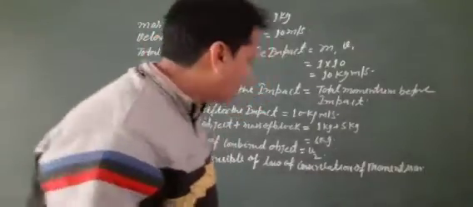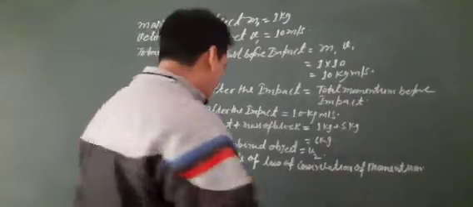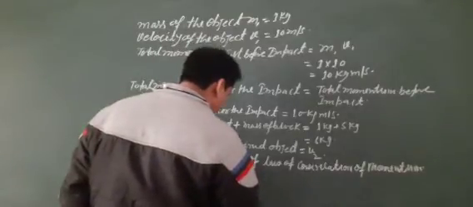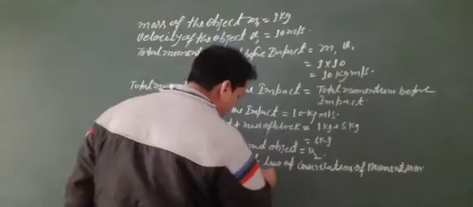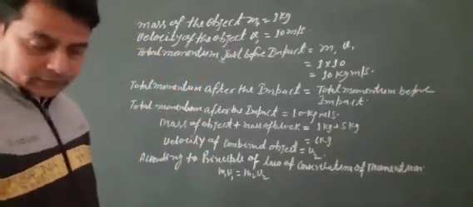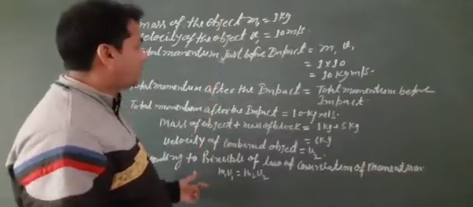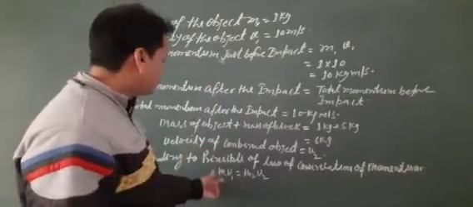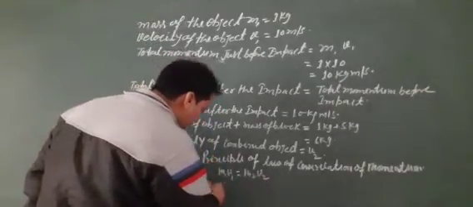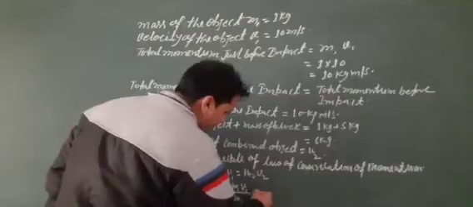we know that m1 v1 plus m2 v2 equal to m1 u1 plus m2 u2, then m1 v1 equal to m2 v2. Here the mass of the object is given as 1 kg. Then the value of v2 equals m1 v1 by m2.